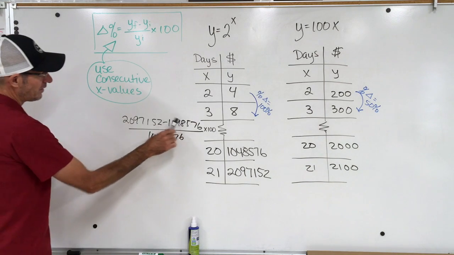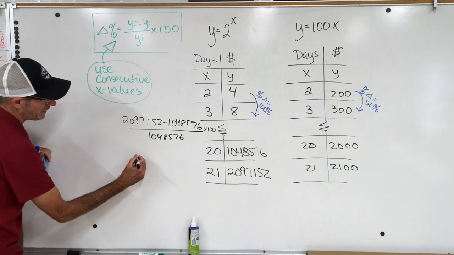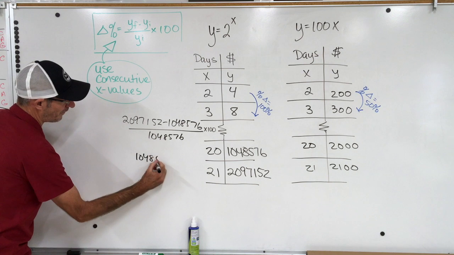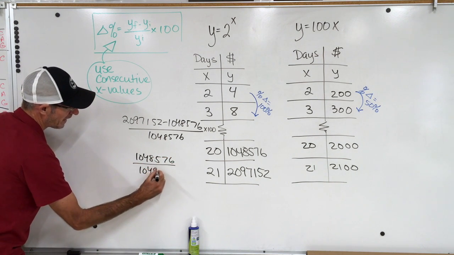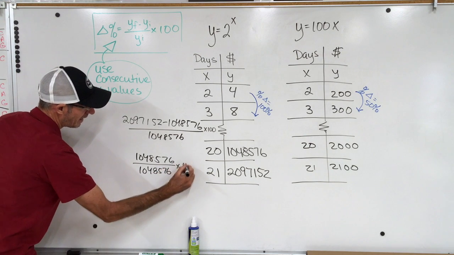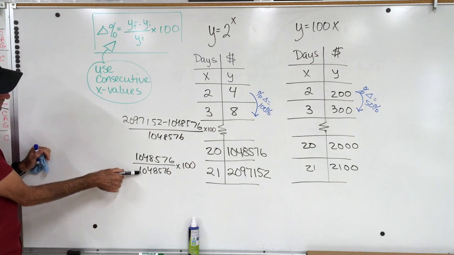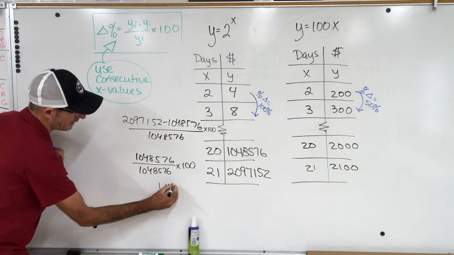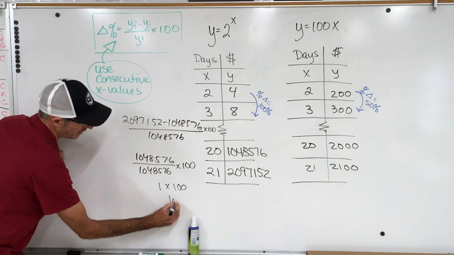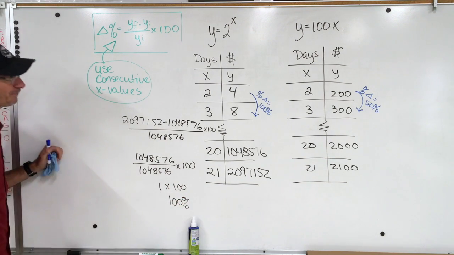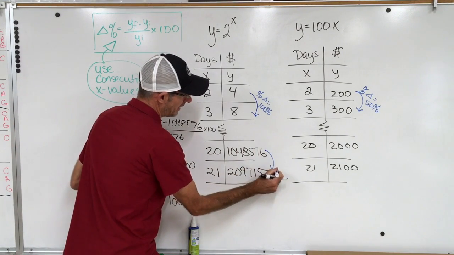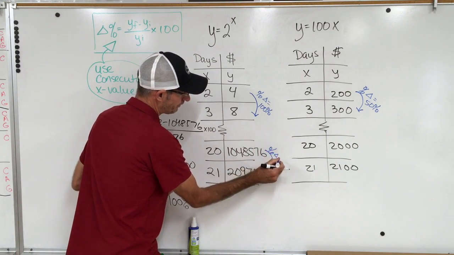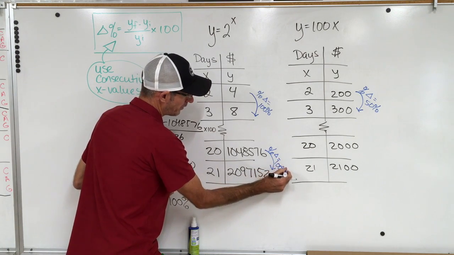So when we subtract these 2 numbers on the top, the answer that we get is 1048576 over 1048576 times 100. Well, the top and bottom of this fraction are the same, so it's 1 times 100, which is 100%. So between the 20th day and the 21st day, the percent change is still 100%.